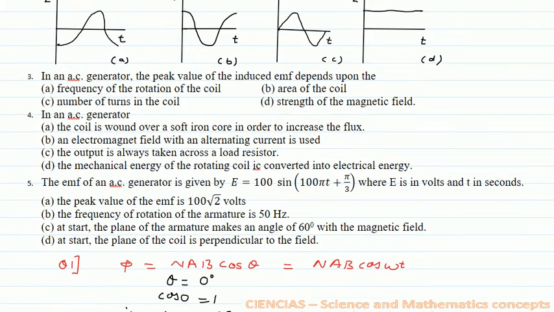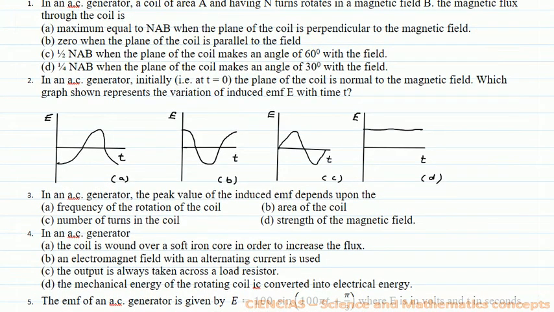So now we move back to the question and see. It is maximum, that is NAB, correct. 0 when the plane of the coil is parallel, correct. Half NAB when 60, correct. But cos 30 is root 3 by 2 and root 3 by 2 is not 1 by 4, therefore option D is not correct.